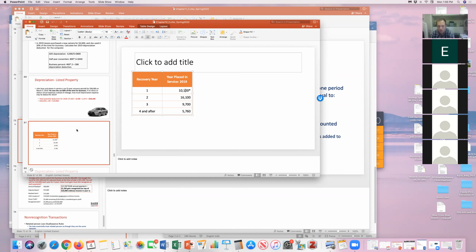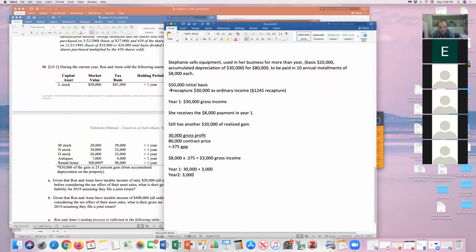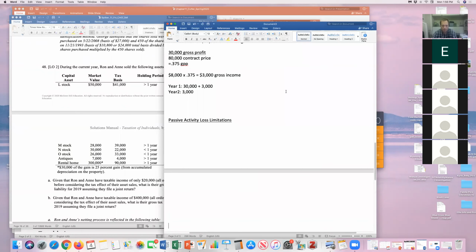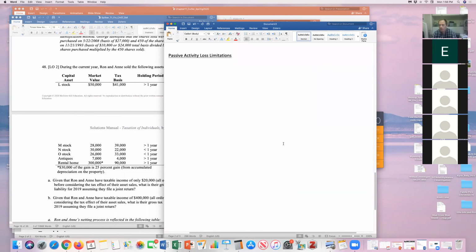Yeah. So basically I would put all of that under a category called passive activity loss limitations. Congress is basically trying to prevent people from getting deductions without really having skin in the game.